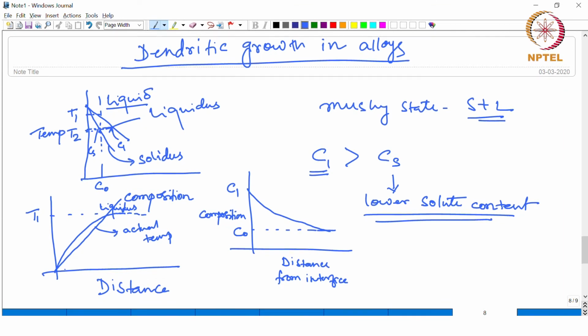Let us try and draw this separately in a cleaner space.